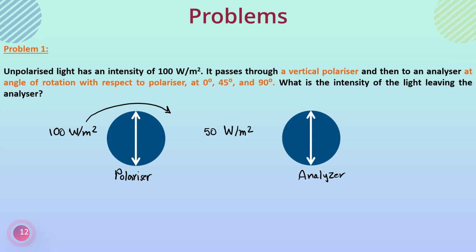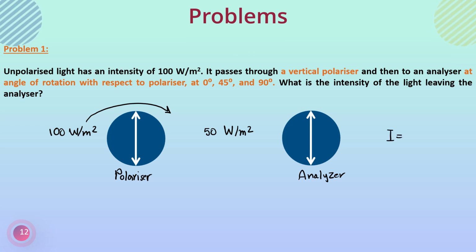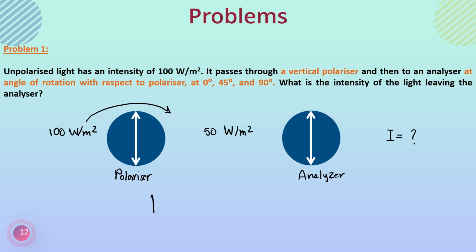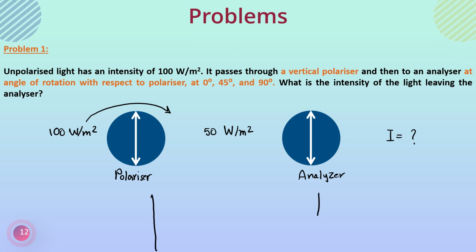Now, what do you expect for the intensity here by the analyzer? If both of them have the same orientation, the transmission axes are the same, I'm expecting the intensity will be the same. Okay, let's try to solve it together.